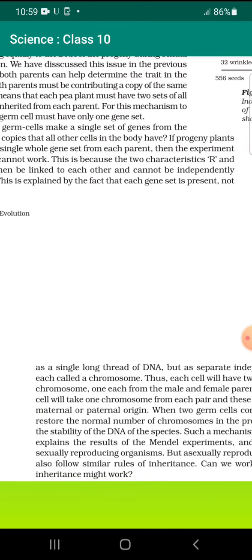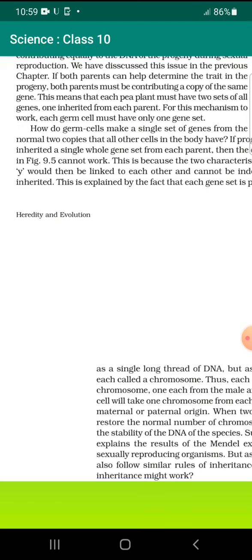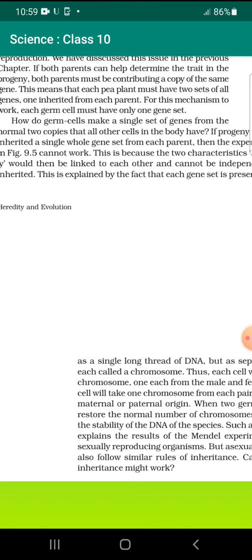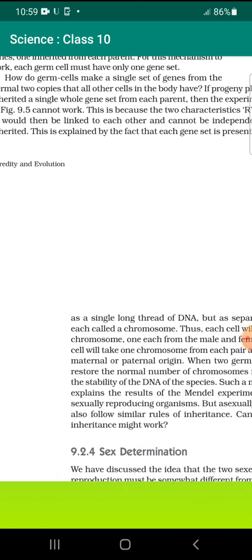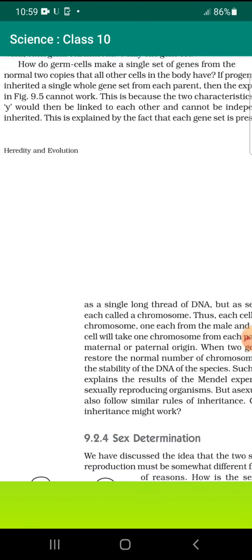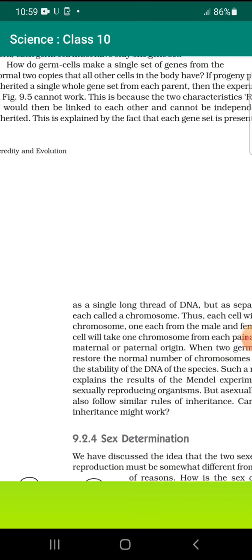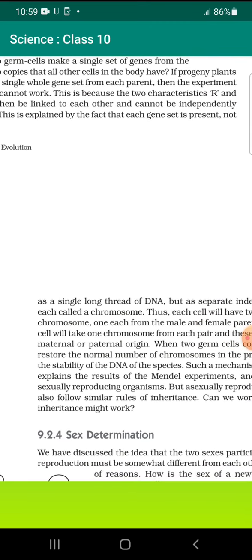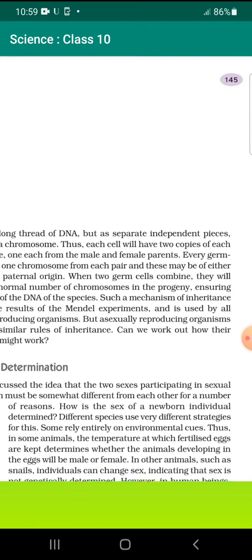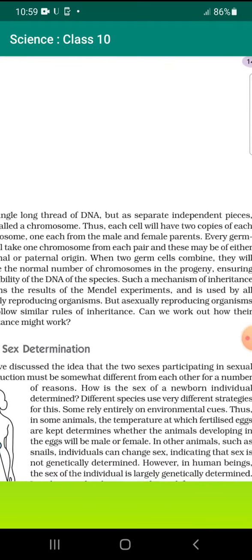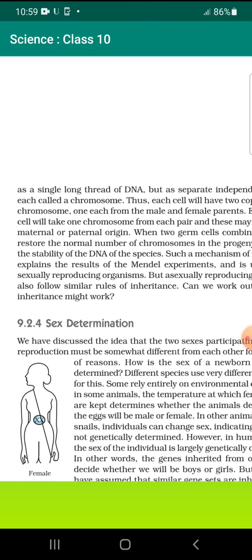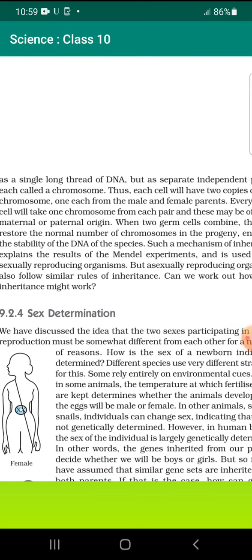This is because the two characters R and Y would then be linked to each other and could not be independently inherited. This is explained by the fact that each gene set is present not as a single long thread of DNA but as separate independent pieces, each called a chromosome.